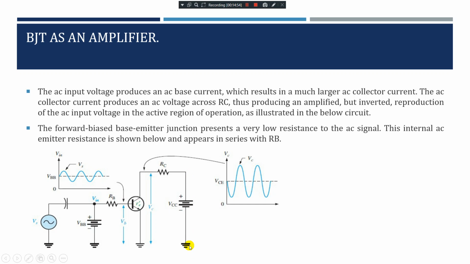If you take the output not from VCC but from this part, and measure by using a multimeter, there is an amplification from input to output. This is what we call VC.